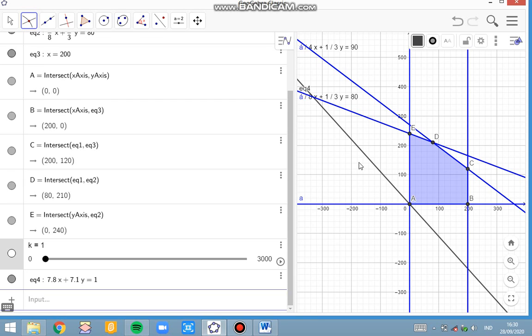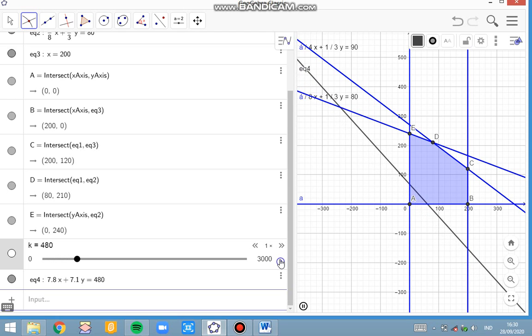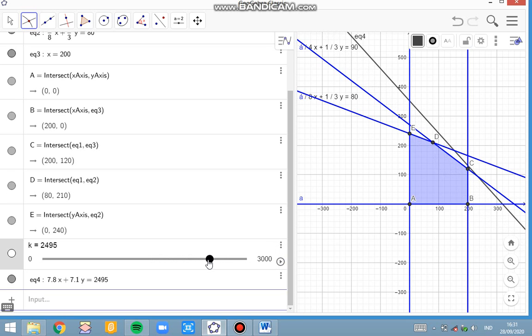Okay, the maximum profit is the point that goes through this objective line. We apply this. The first is point A, the second point that goes through this line is B, next E, D, and the last is point C. Yes, point C. So we get point C as the point that has the maximum profit.